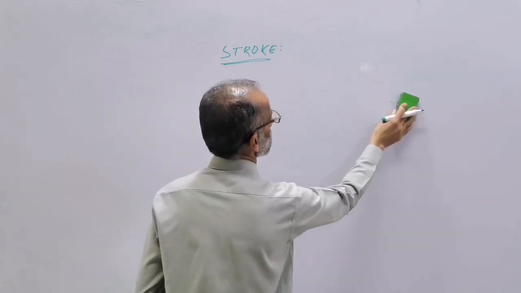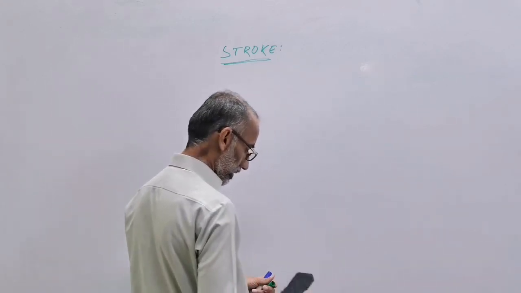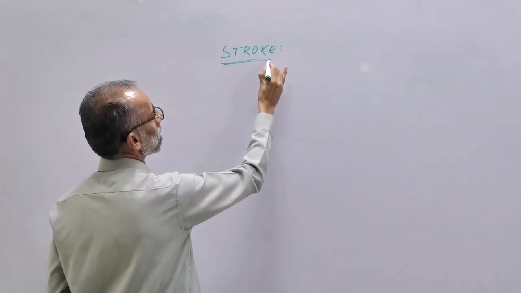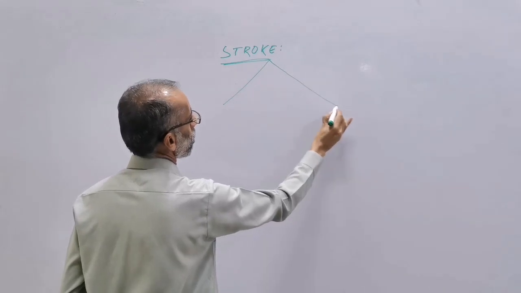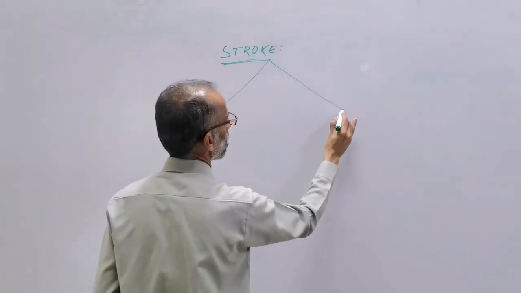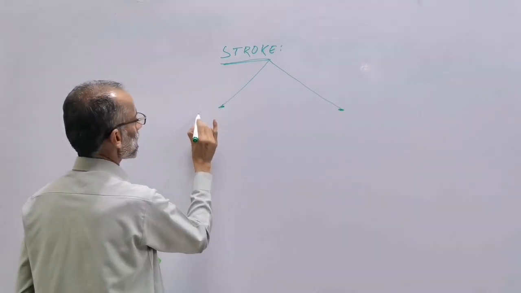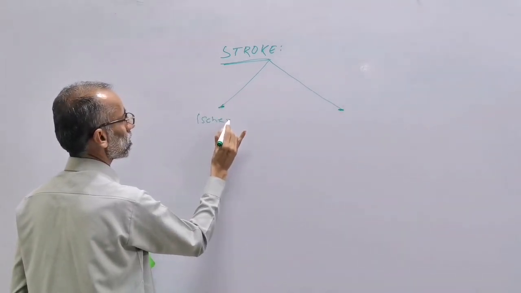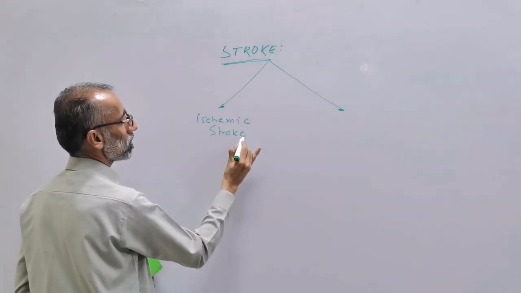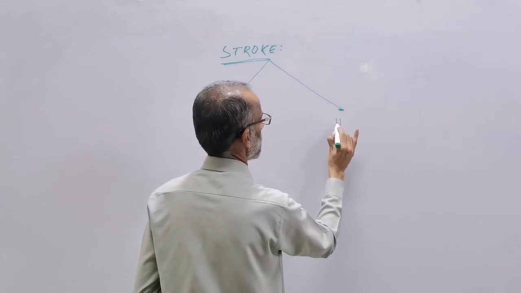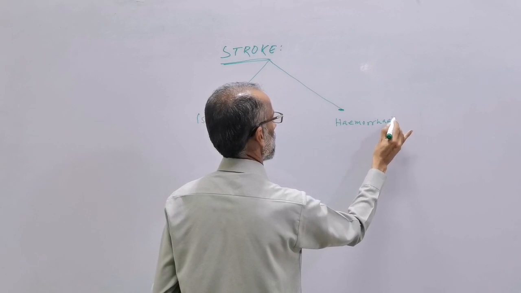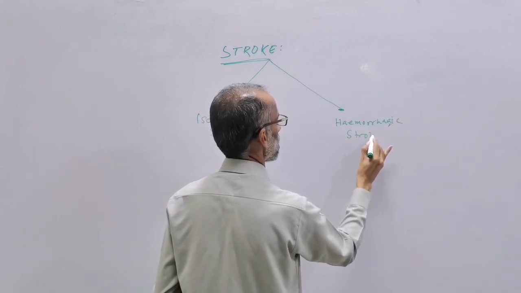Stroke is classified into two types. One is the ischemic stroke, the other type is hemorrhagic stroke.